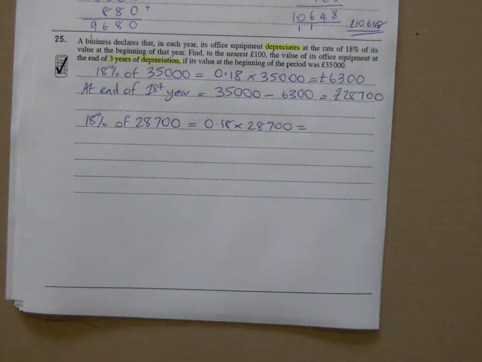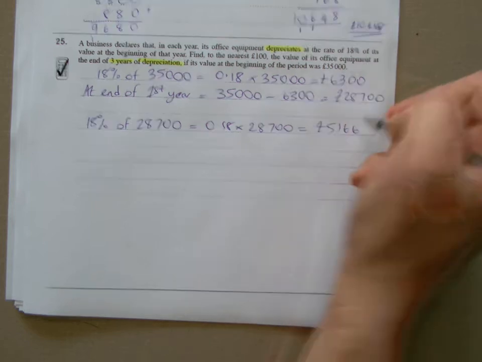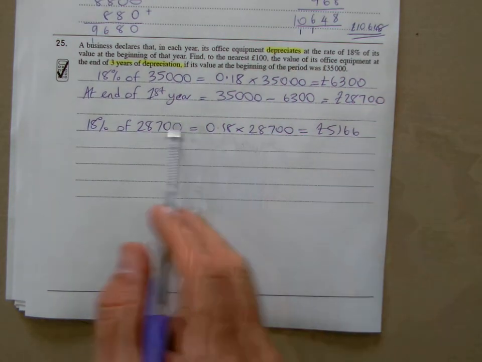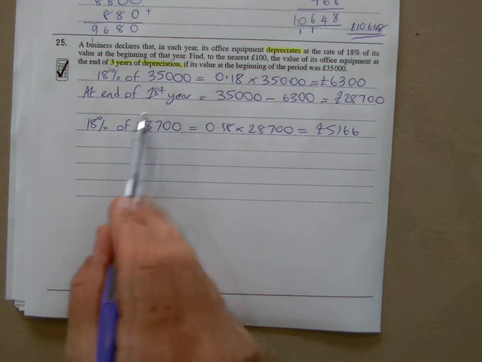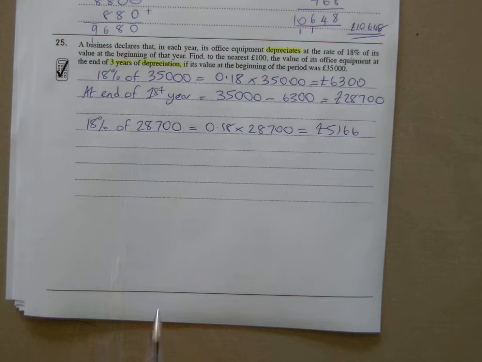So 0.18 times 28,700, and that comes to 5,166. Now it depreciates by less, because it's 18% of a smaller amount each year, because it drops in value.